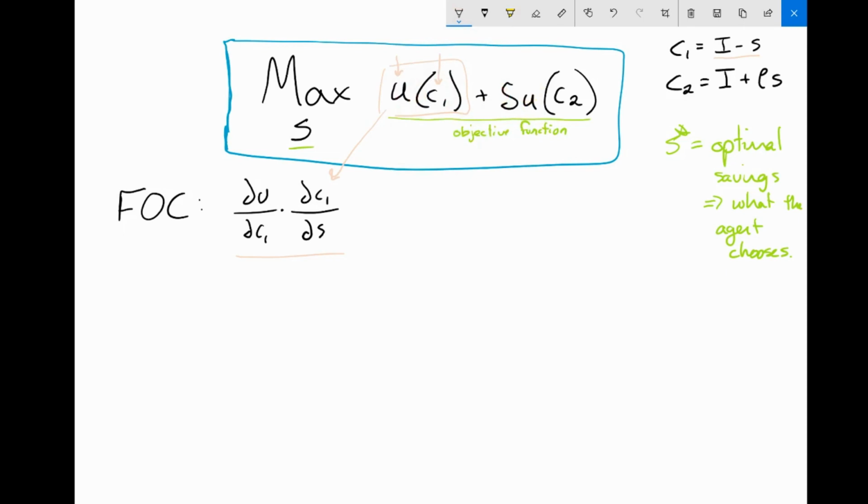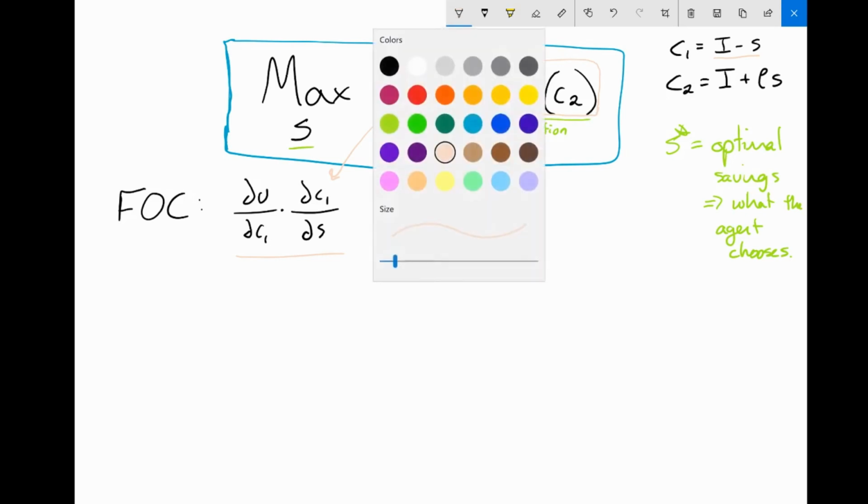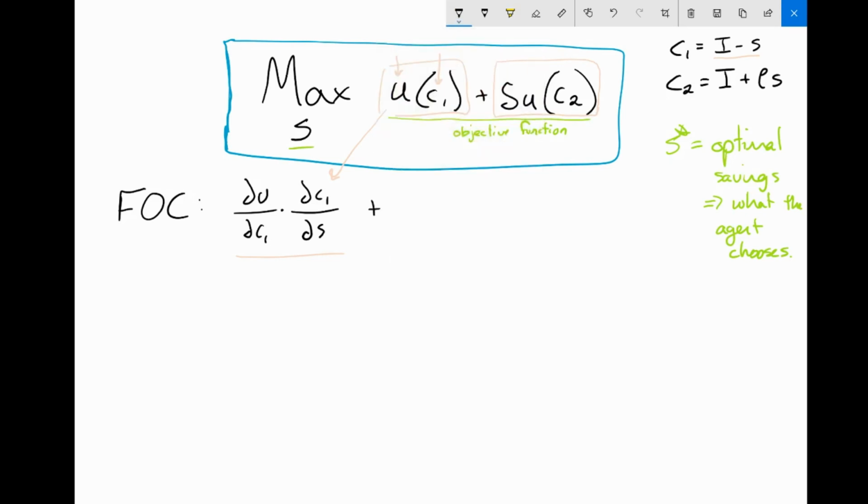Okay, so next we want to take the derivative of this term. So let's do that. Plus delta times the derivative of u with respect to c2. Again, we're just using the chain rule, times the derivative of c2 with respect to s.